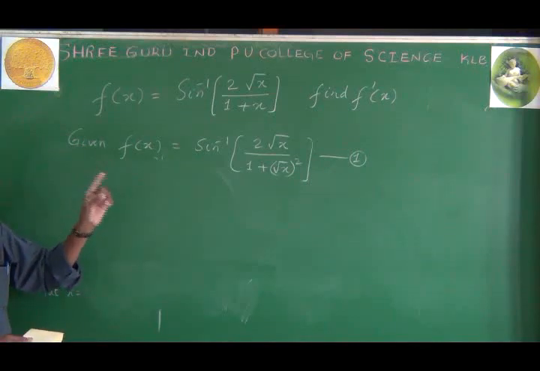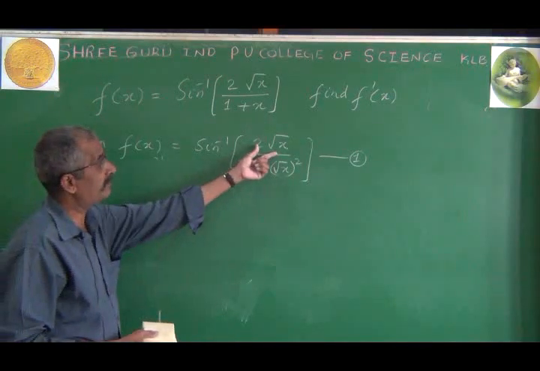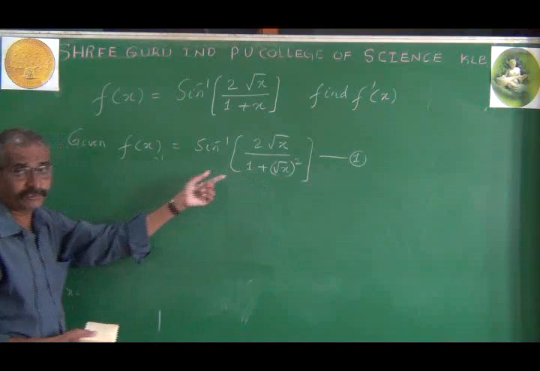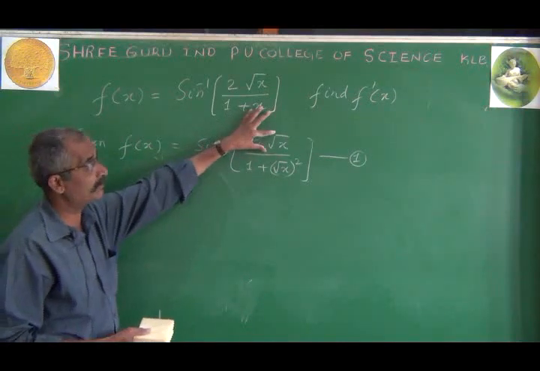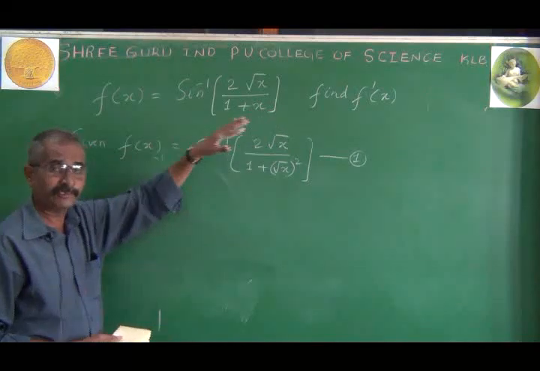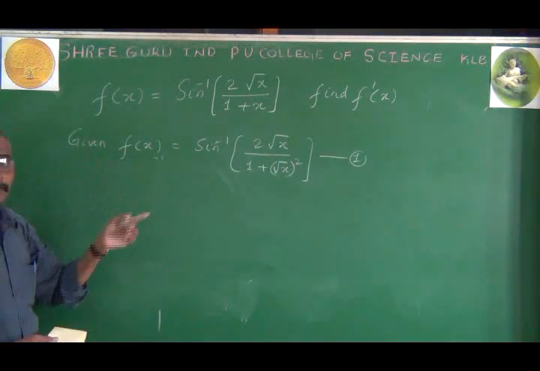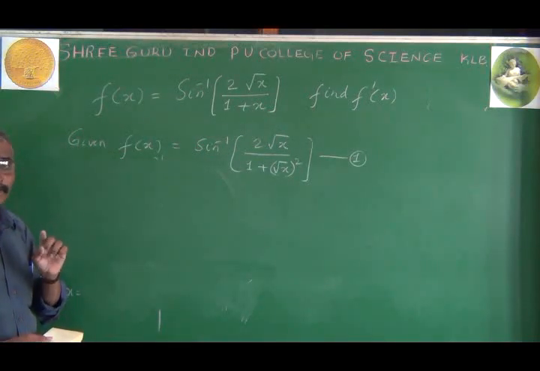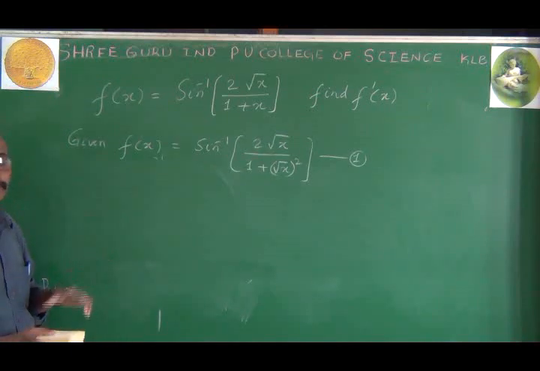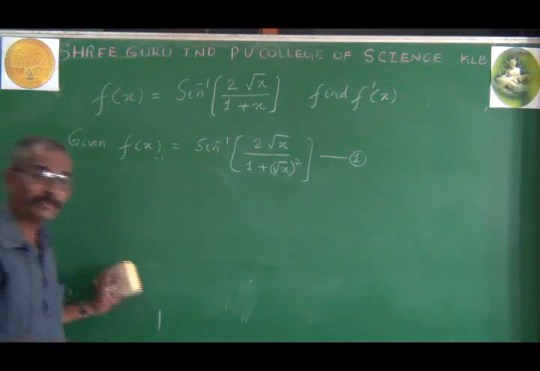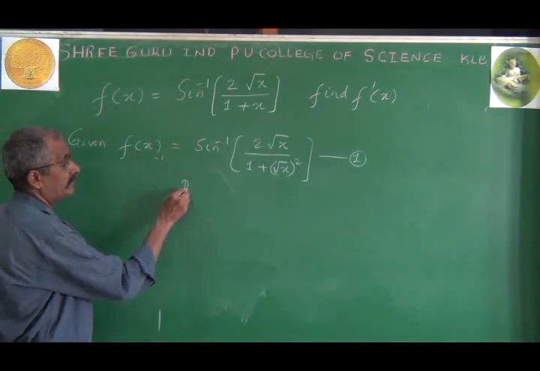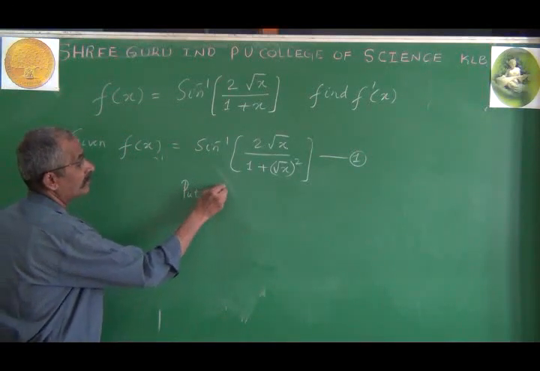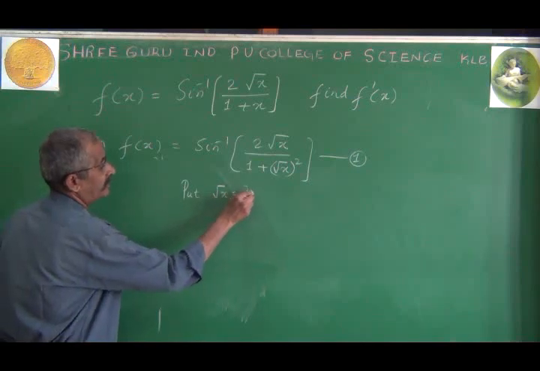That means obviously we should take a substitution root x equal to tan theta. But you can't choose x equal to tan x, that is meaningless. You can choose x equal to a function of another variable. So let's put root x equal to tan theta.